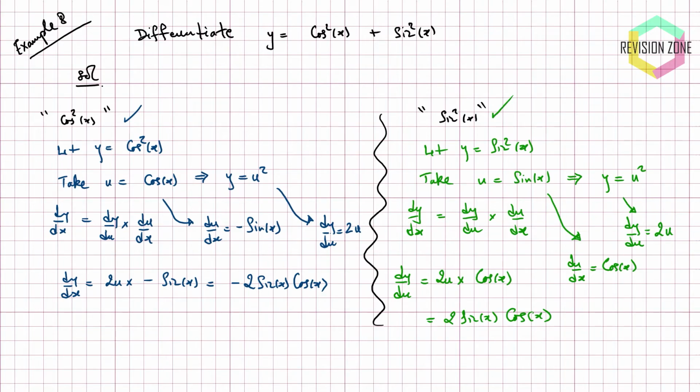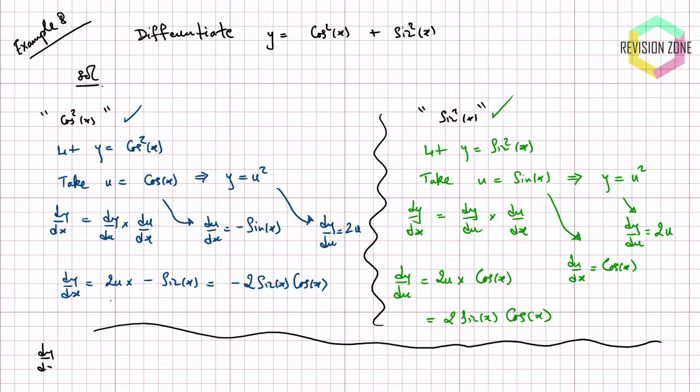So now I want to write down, let me do it in black, the derivative of all of dy by dx. That's the same thing as writing down the derivative of the first function and then the second function.